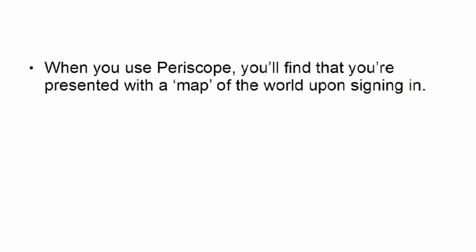Finally, there's Periscope. Now, Periscope is similar to Vine insofar as it streams short videos. The key difference is that Periscope streams videos live. And when you use Periscope, you'll find that you're presented with a map of the world upon signing in.